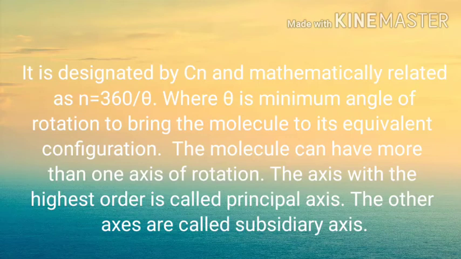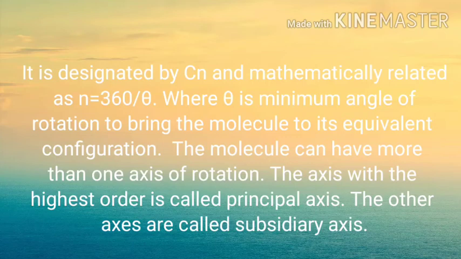Secondly, one more axis of rotation lies on one of the BCl bonds, and if we rotate about the BCl bond, it needs 180 degree to get an equivalent configuration. That means BCl3 has 360 divided by 180 equals 2, that is a C2 axis of rotation.